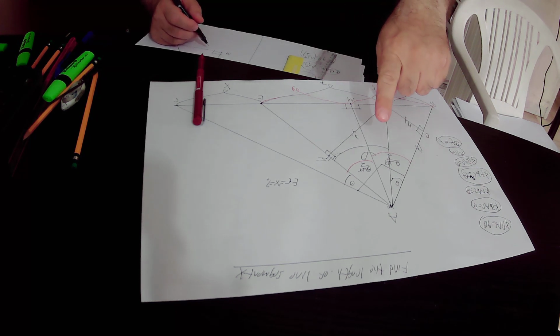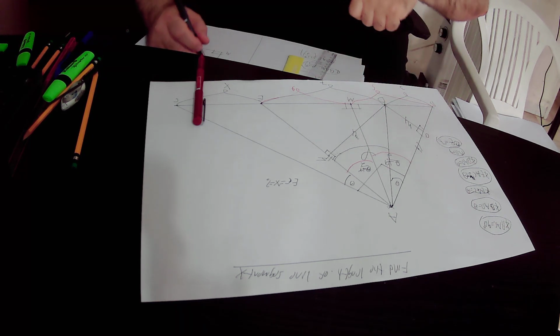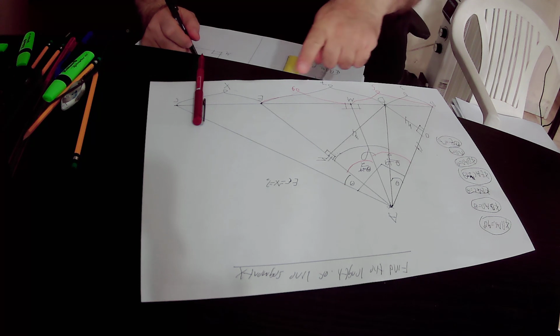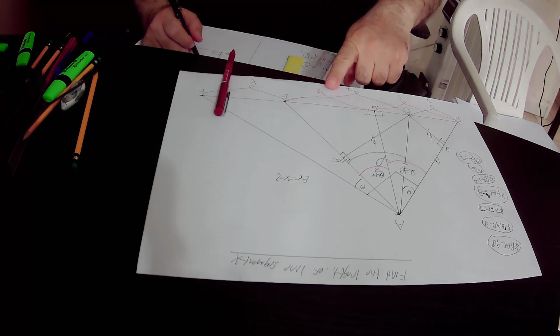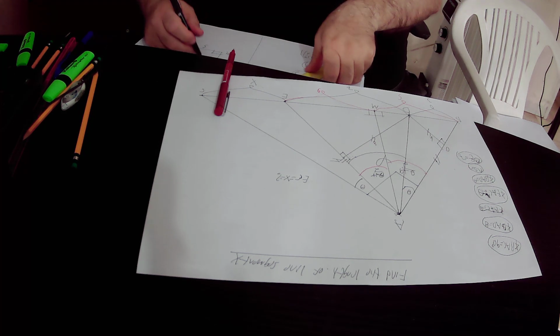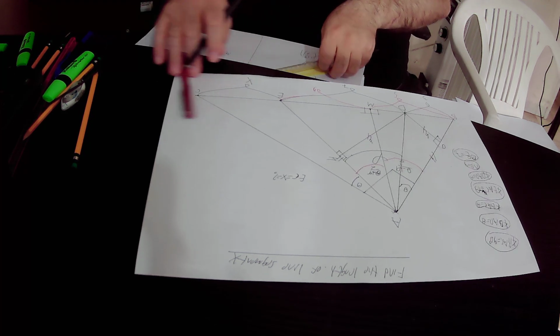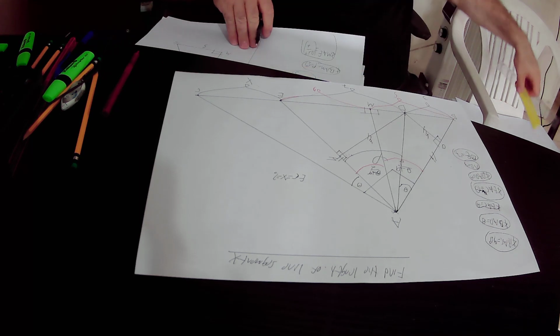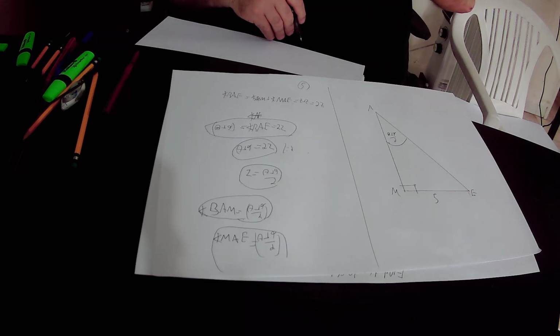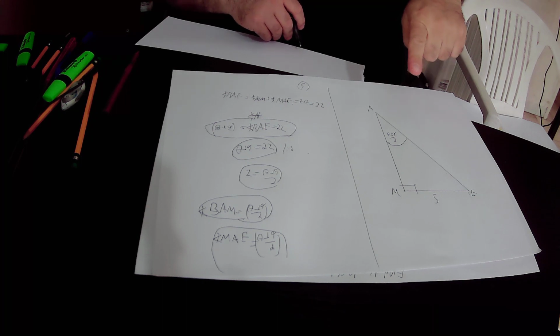We just found out that angle MAE equals theta plus alpha over 2. ME is equal to 5 units, as we already found out. We know that ME equals 5 units and angle MAE equals theta plus alpha over 2.